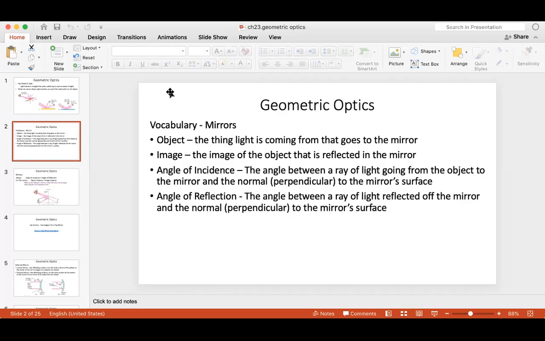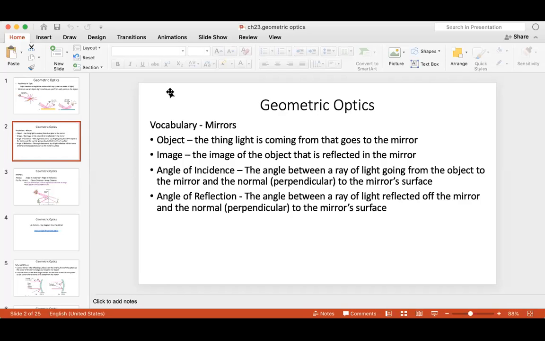The object is the thing that the light is coming from, that the light goes into the mirror, right? Again, it doesn't have to be the source of the light. When you're looking at yourself in the mirror, you are the object. You're not producing the light. The light is bouncing off of you and going to the mirror. So the object is the thing that the light comes from and goes into the mirror.